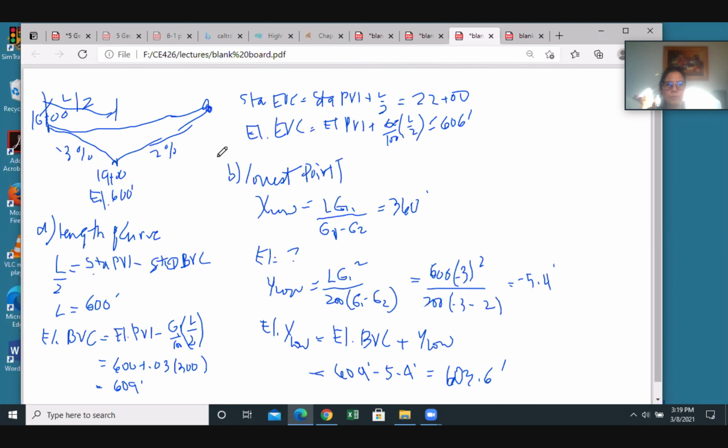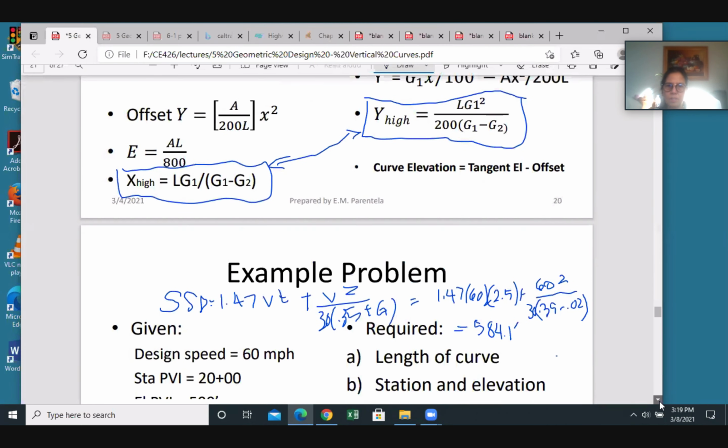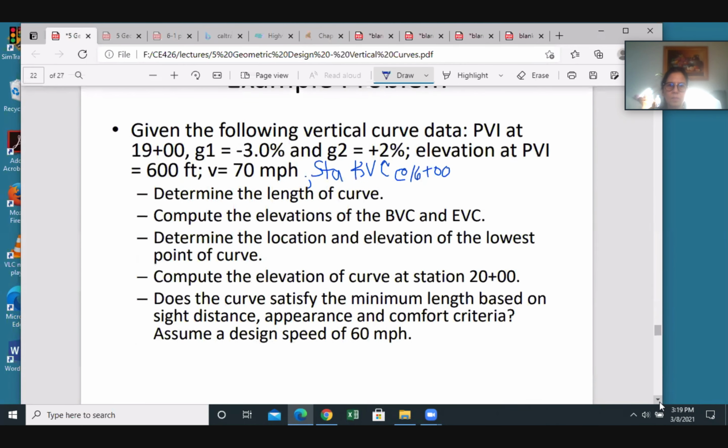Now, the next problem asks for the elevation at station 20 plus 00, and the other one is: does the curve satisfy the minimum length based on sight distance?